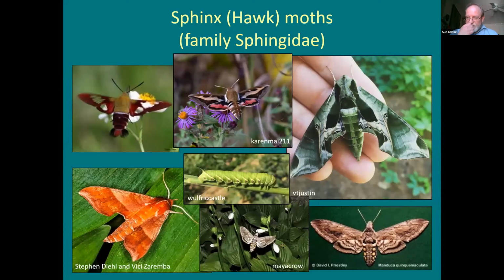So these are the groups we focused on: the sphinx moths, family Sphingidae. In all frankness, there are some sphingids that do not feed as adults at all, so they're not all pollinators, but many of them are. About 25 out of the 45-ish species of sphinx moths are pollinators as adults. This is one that I particularly like to talk about.